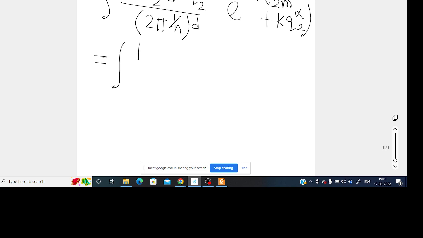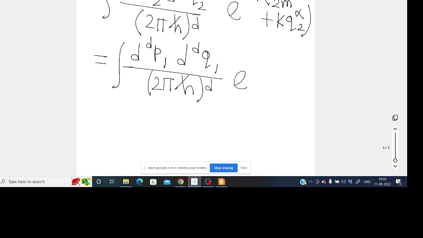Now these Q and P's are integrated, right? So you can just replace them like this. This is clear?